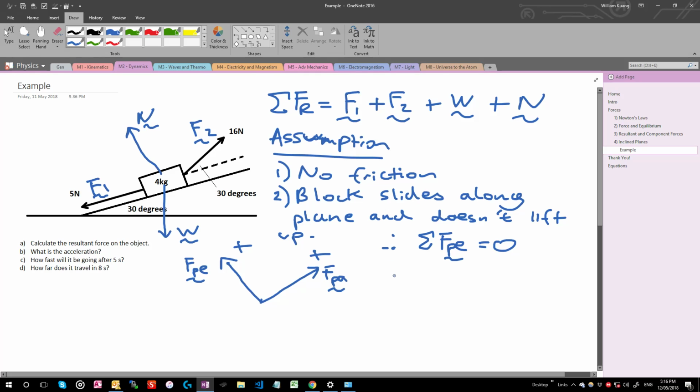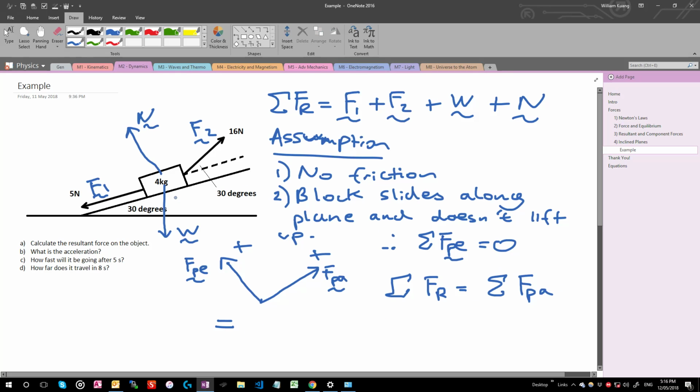Instead, let's just focus on working out F_PA. Really, this question is about F_R being equal to the sum of F_PA. If this is a little confusing, all I'm saying is that the resultant force is only going to be in this parallel direction, not in the perpendicular direction. So in the parallel direction, let's take a look at these different forces.